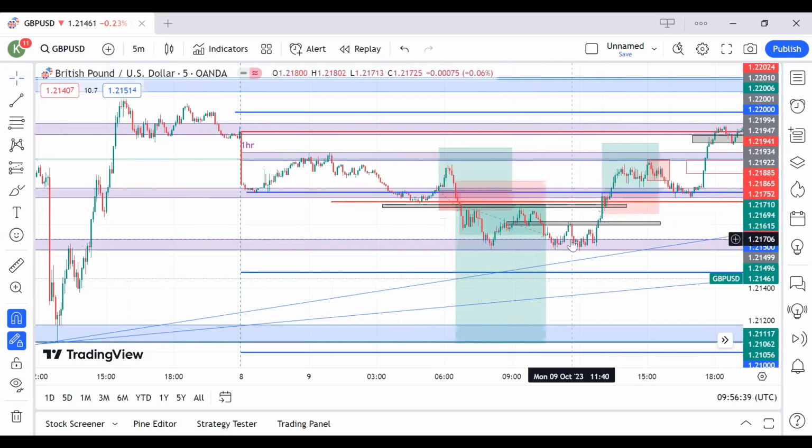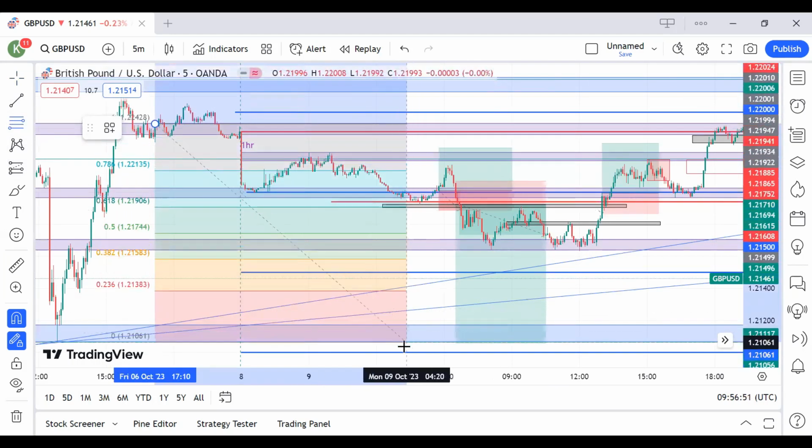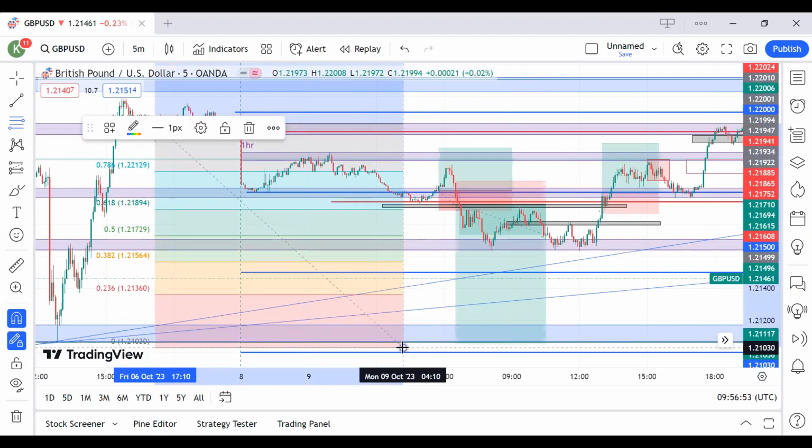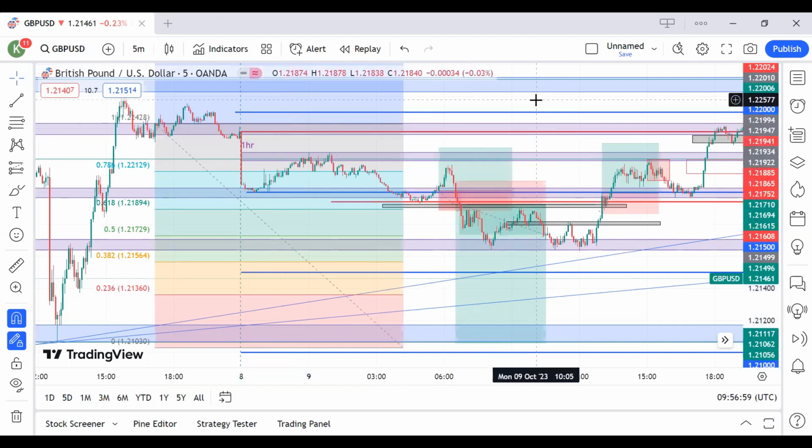The moment I observed this reversal from this point to this point, all I need to do is pay attention to my zone for entry.